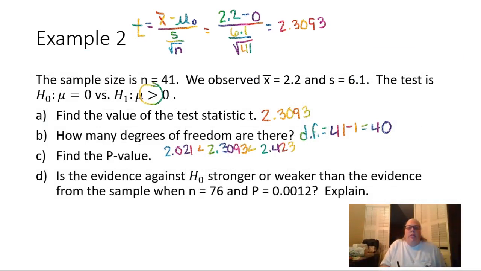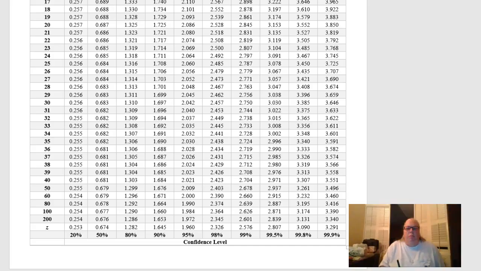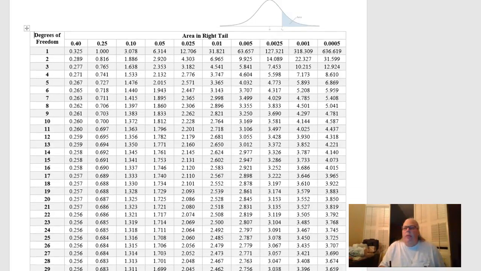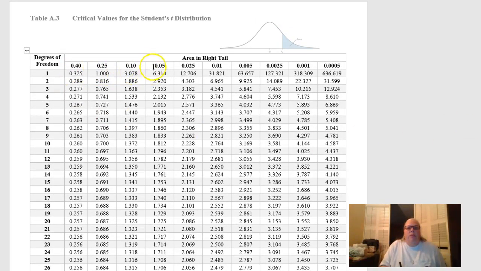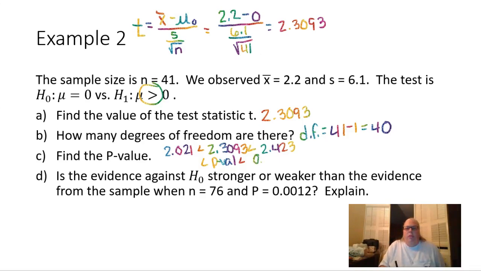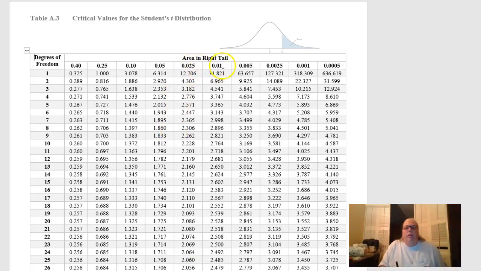We are doing a right-tailed test here, and our p-value is going to fall in between, let's see, 2.021, this is 1, 2, 3, 4, 5, okay, 1, 2, 3, 4, 5, so this is 0.025, and then the 2.423 at the 0.01.